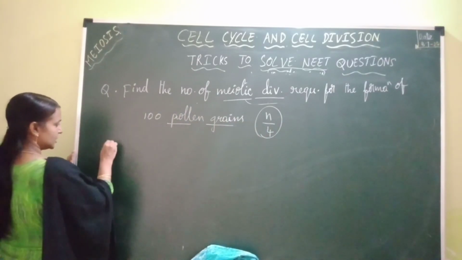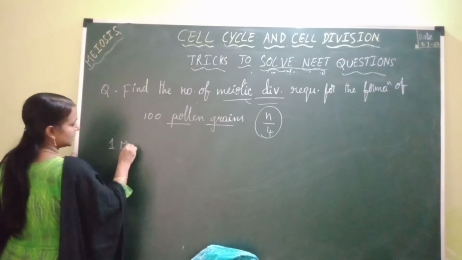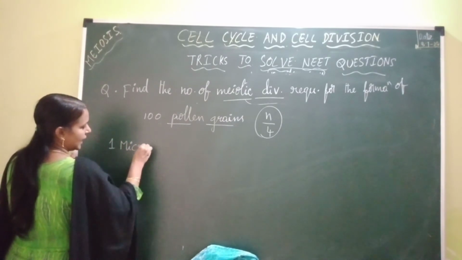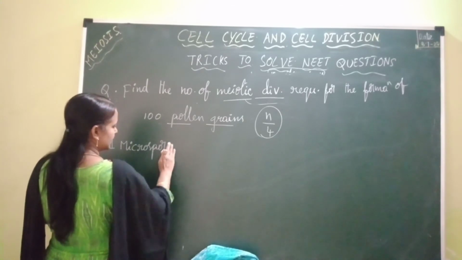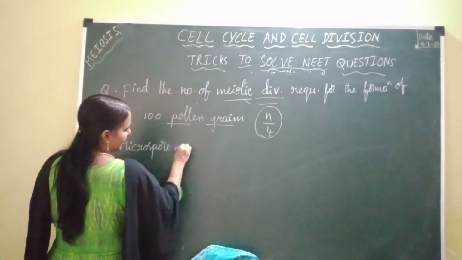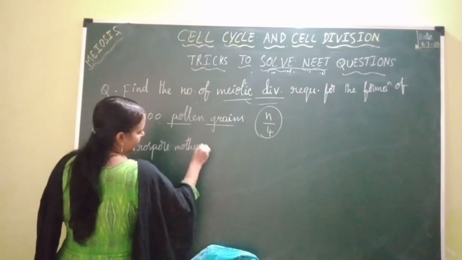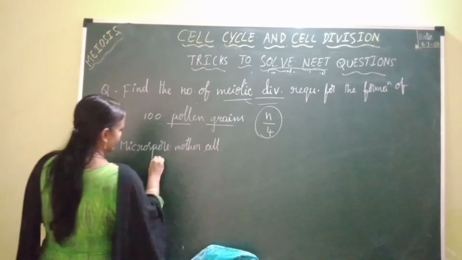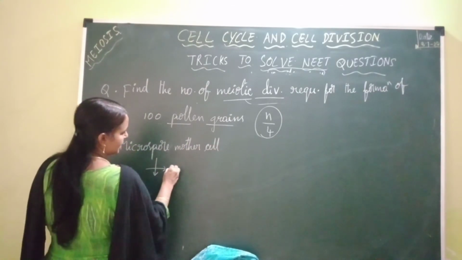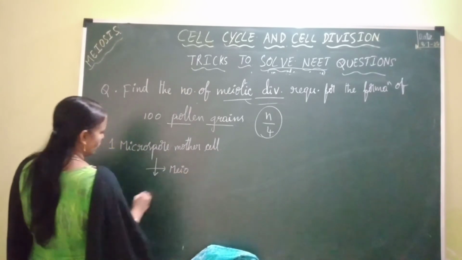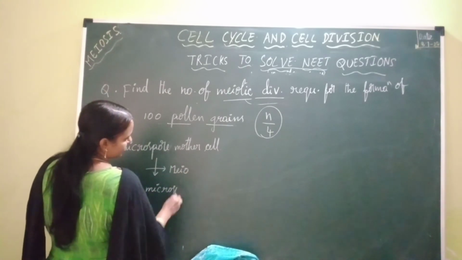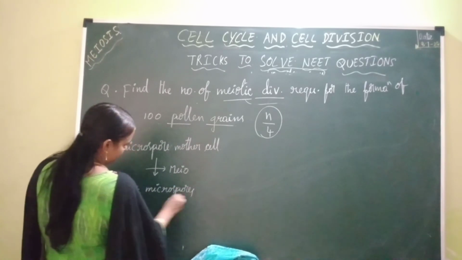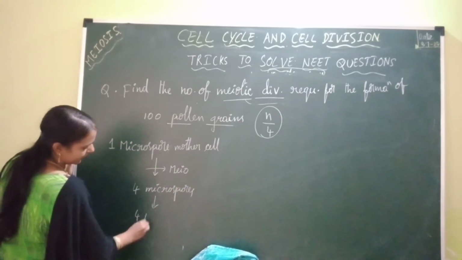A microspore mother cell present in the microsporangium of the anther undergoes one meiotic division, resulting in the formation of 4 microspores. These 4 microspores develop into 4 pollen grains.